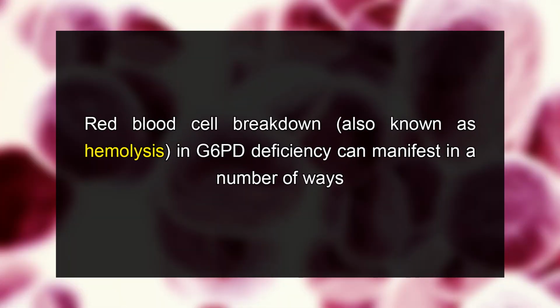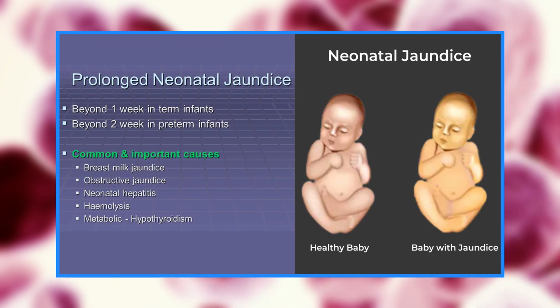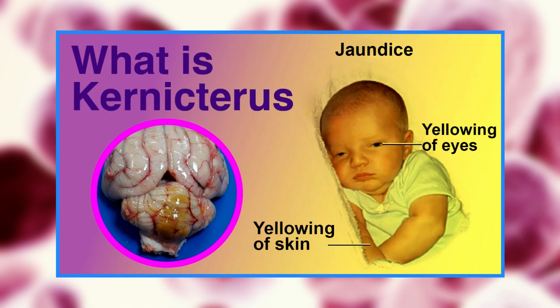Red blood cell breakdown, also known as hemolysis, in glucose 6-phosphate dehydrogenase deficiency can manifest in a number of ways, including prolonged neonatal jaundice, possibly leading to kernicterus, arguably the most serious complication of glucose 6-phosphate dehydrogenase deficiency.